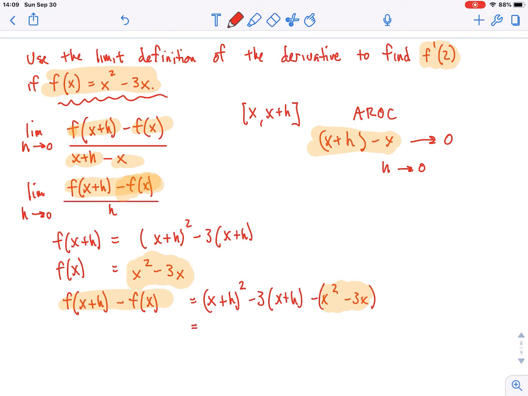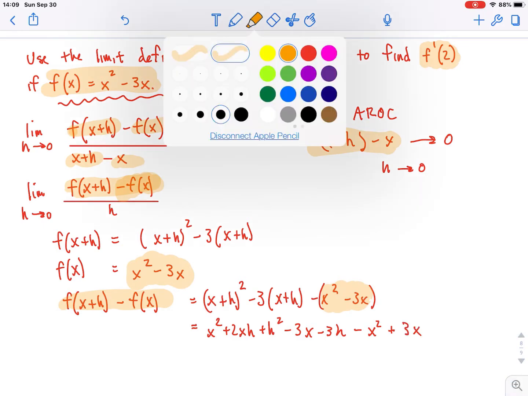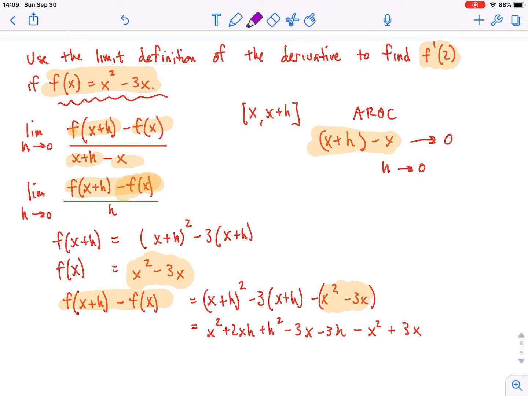So let's expand this. So x squared plus 2xh plus h squared minus 3x minus 3h minus x squared, and here's where that negative sign comes in. This becomes plus 3x. And you'll notice a couple things will now disappear. We have x squared minus x squared, so that's going to go bye-bye. We have negative 3x, and we have positive 3x that are also going to add up to 0.